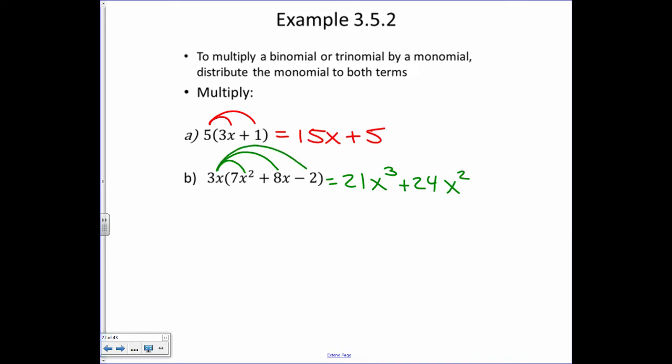And then 3x times negative 2 will give you minus 6x. And so remember to distribute a monomial to each term of the polynomial you're multiplying times.